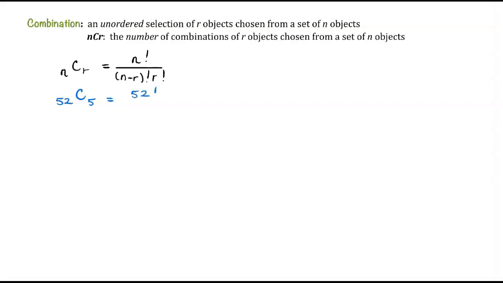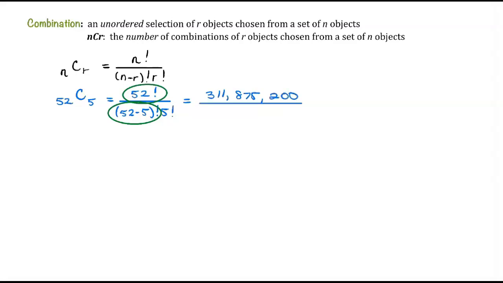52 factorial divided by 52 minus 5 factorial times 5 factorial. Notice that what we started out doing was treating this like a permutation, which is equivalent to 52 factorial divided by 52 minus 5 factorial. That's where we got 311,875,200.